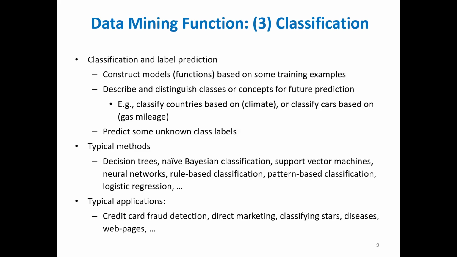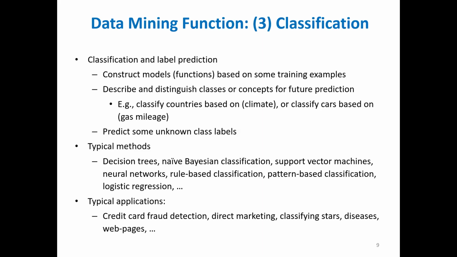So for classifying the stars, we can also use a classification algorithm. Similarly, in disease prediction, on the basis of the symptoms, we can find what type of disease a patient can have. In that also we can use a classification algorithm.